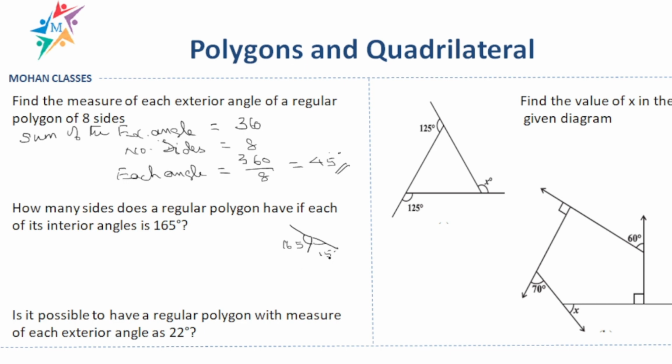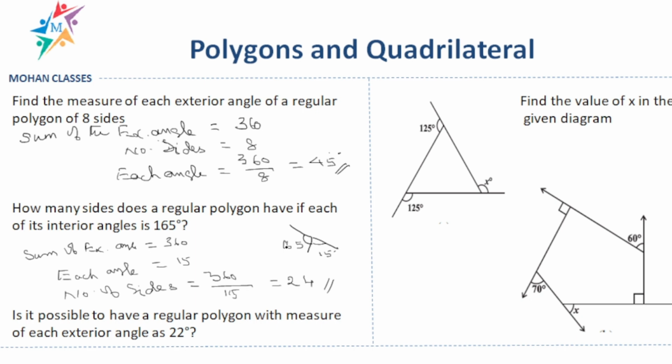The sum of the exterior angles is 360 degrees, and each angle is 15 degrees, already found from the 165. Therefore, the number of sides is 360 divided by 15, which gives 24 sides.